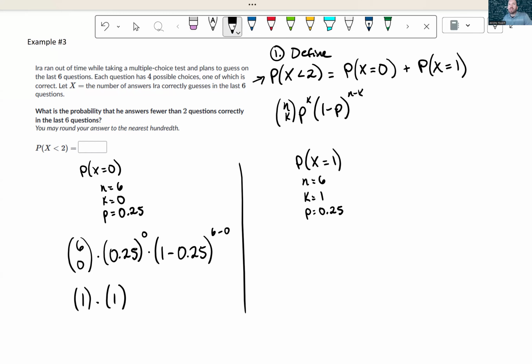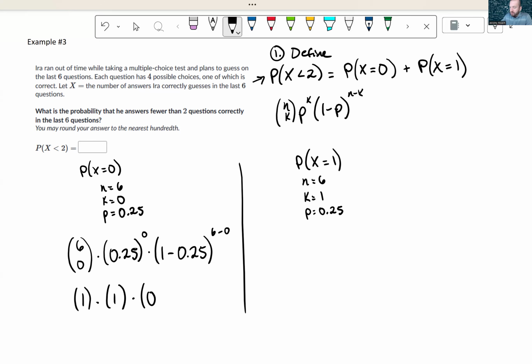As a side note, anytime you have any value choose 0, it always equals 1. That's because there's exactly one way to choose nothing, and that is by choosing nothing. That's why we always get 1 for any value choose 0.